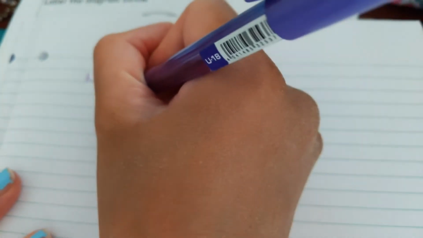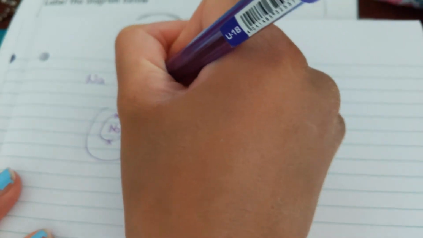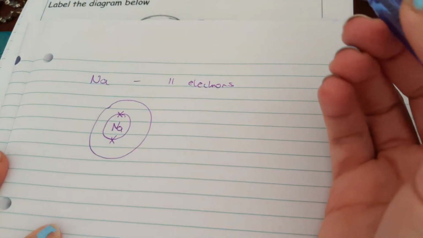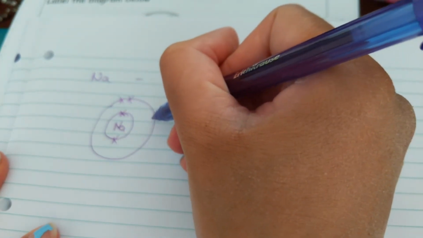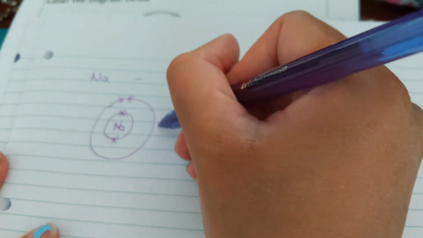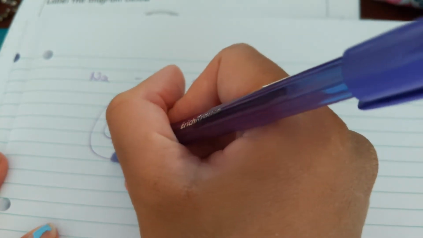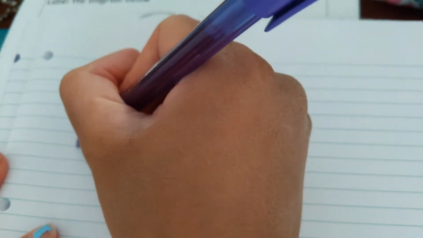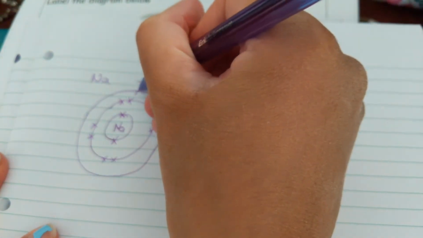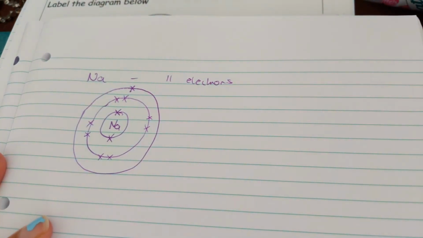We have to fill up from the first shell, and then the second shell has 8. So 1, 2, 3, 4, 5, 6, 7, 8, 9, 10, and the third shell has just the 1 to make it up to 11 electrons.